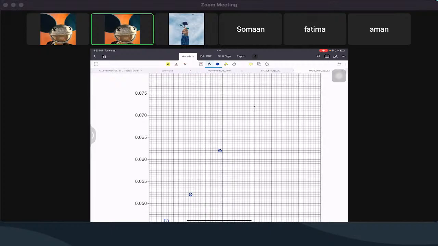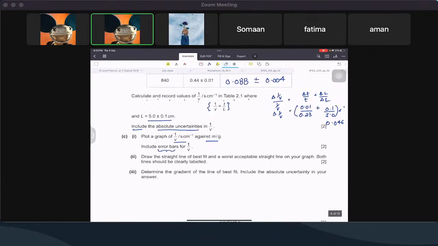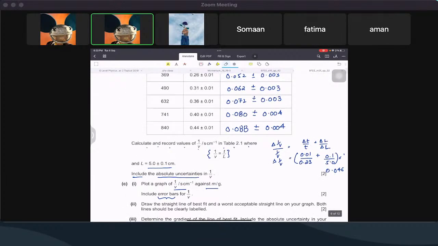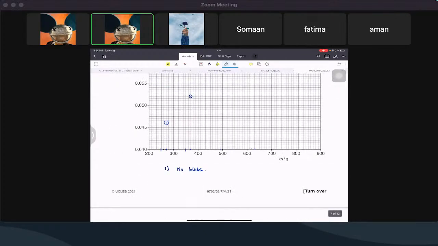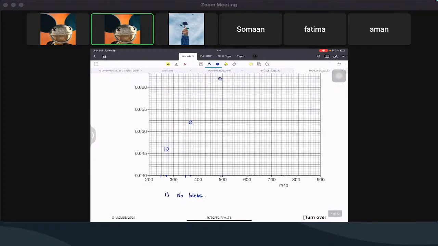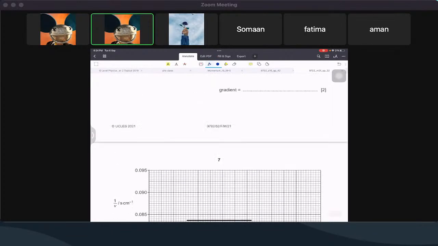So this would be the point. Mark it like this. And then 741 and 0.080. So 741, this is 740, and then 0.080.